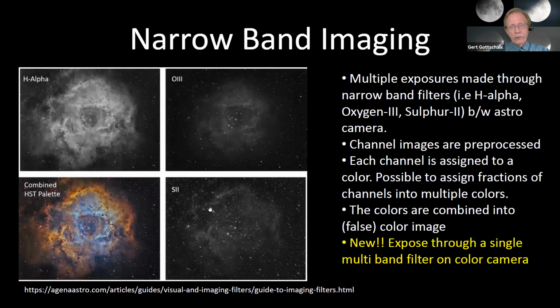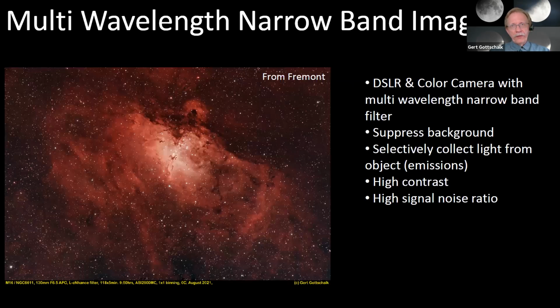And you would have to take multiple images and combine them in post-processing to achieve the goal of a color image. With the development of more advanced multi-wavelength narrowband filters, you can take your color camera, your color DSLR, for example, or your color CMOS or CCD camera, and apply these multi-wavelength narrowband filters.